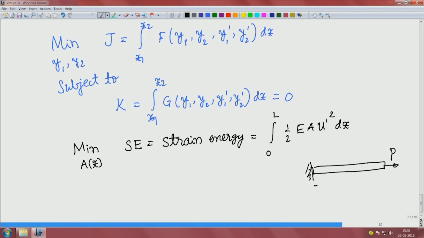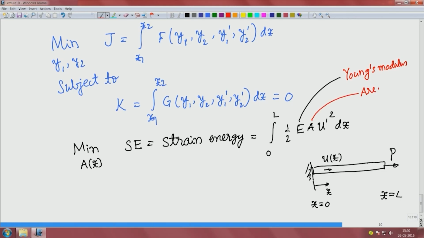If this is our x, x equal to 0 here, x equal to L here, there will be at every point some deflection, which we denote as u of x, and E is Young's modulus of the material, and this A is the area of cross section, and that needs to be found. So, this A of x is not known.